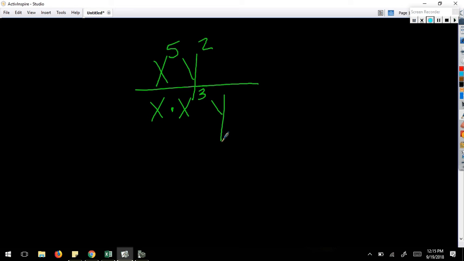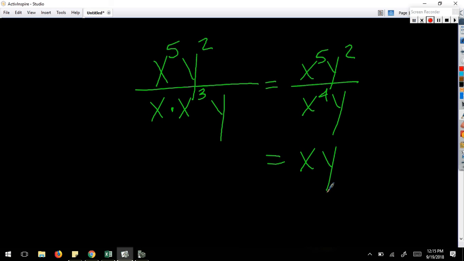Yes, on the bottom, notice that I do have a product of powers. So I got x5 y2 over x4 y, and now I can subtract. So I'm showing you this because if I start mixing these bases up, I want you to see what happens. You just do it. Right. And so 5 minus 4 and 2 minus 1.